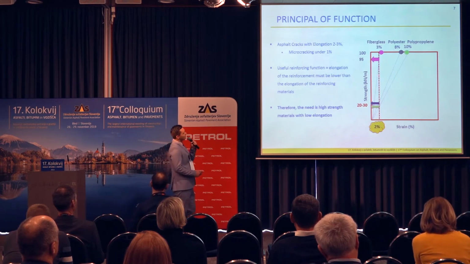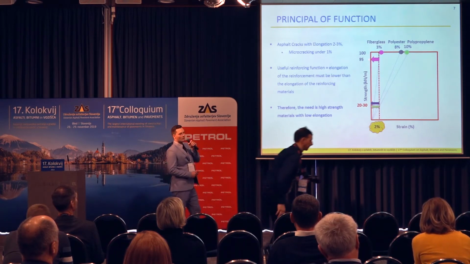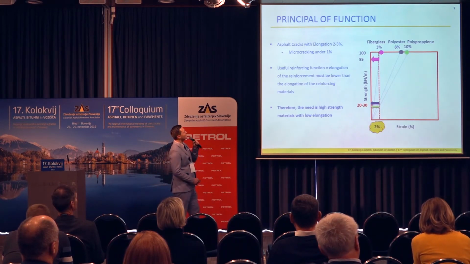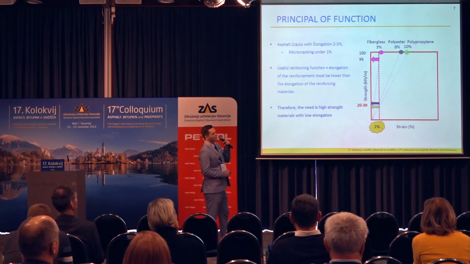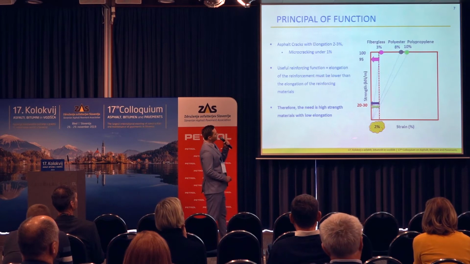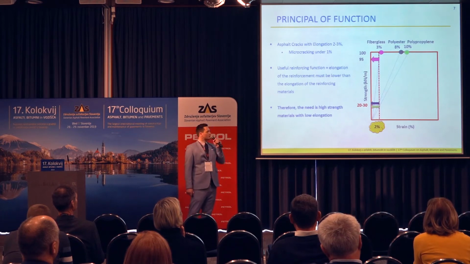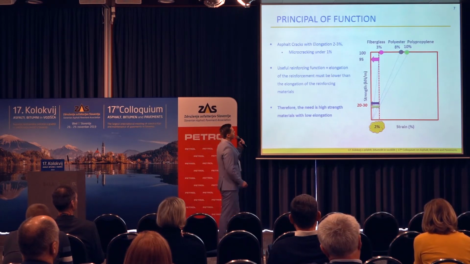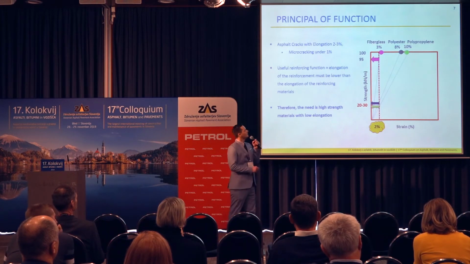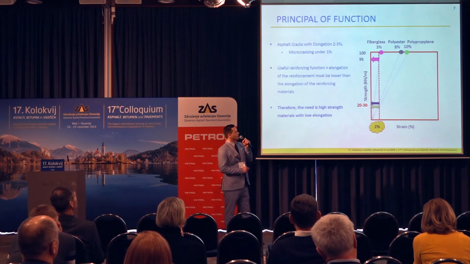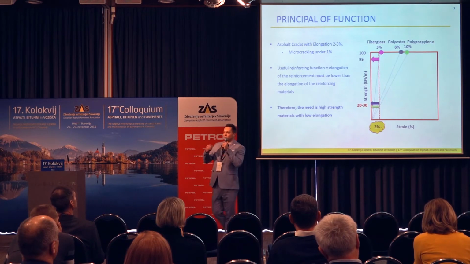In the chart here, you can see the comparison of 100 kilonewton products. It's a glass fiber product, polyester, and polypropylene. The line here, it significates the critical area at 2% elongation, where the crack starts. So, for example, when you use polyester material with 8% elongation, it works as a chewing gum.